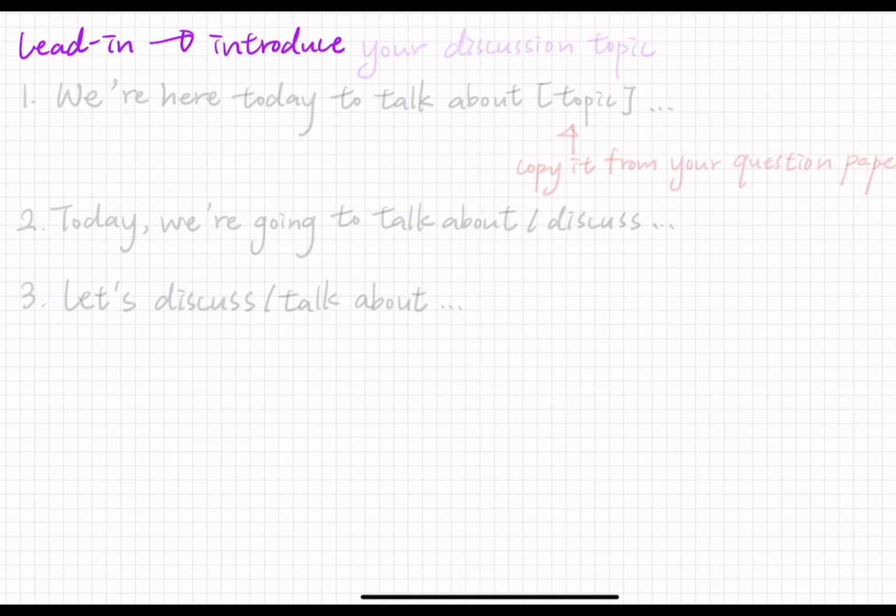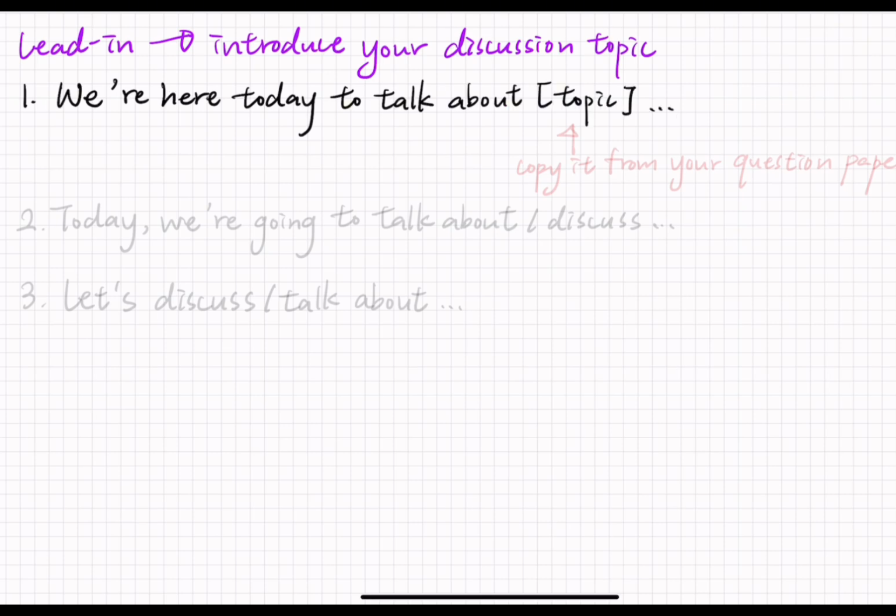After greeting, it's time for us to introduce our discussion topic, so let's move on to the second part, lead in. How can we introduce our discussion topic? There are 3 ways. First, we may say, we are here today to talk about, and then we talk about the topic, okay? And then we can actually copy it from our question paper. Okay, so we don't have to think about a topic by ourselves.